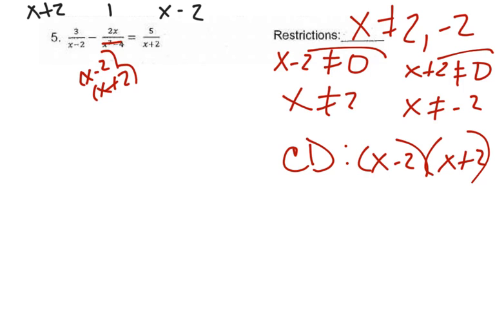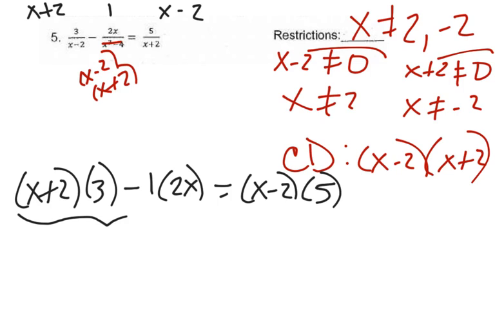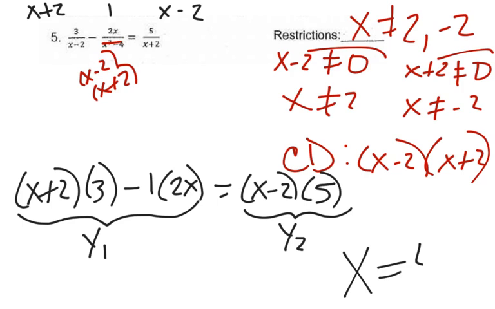So set up your equation, and you're going to have x plus 2 times 3 minus 1 times 2x equals x minus 2 times 5. Put all of this at y1, put this at y2. Go to second, calc 5, enter, enter, enter to get your solution. And your answer is x equals 4.